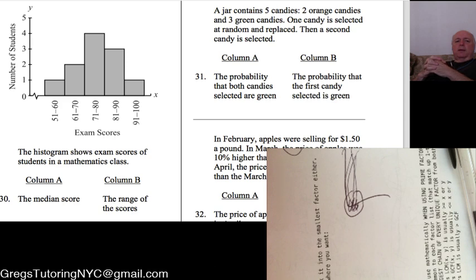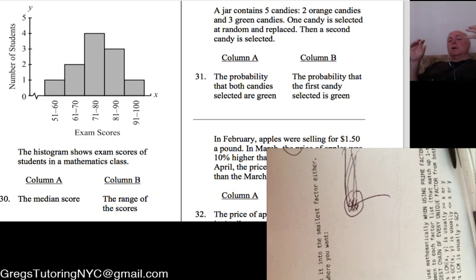I believe the median is the 71 through 80 range. I'm doing this in my head. And the average, you would actually have to add them up. The average is hard here because each category is ranges. So it's technically not an average. You would get an average of the ranges. In other words, we don't know that one of the exam scores was 75. We just know it was between 75 and 81.